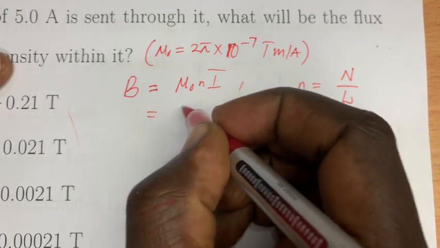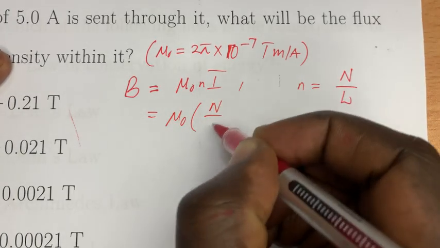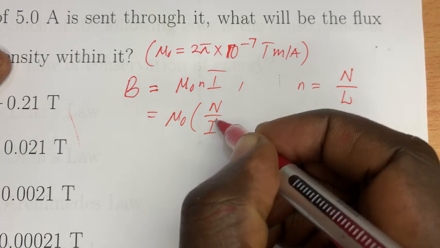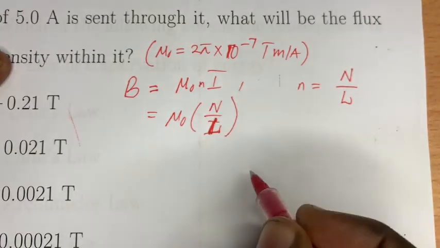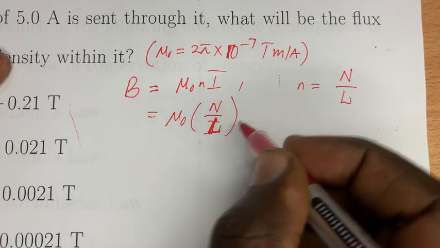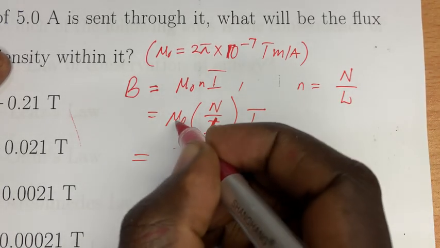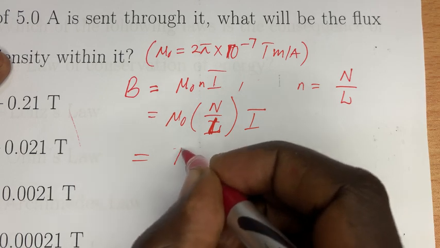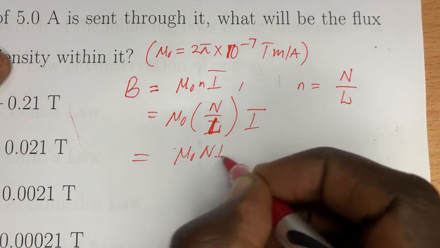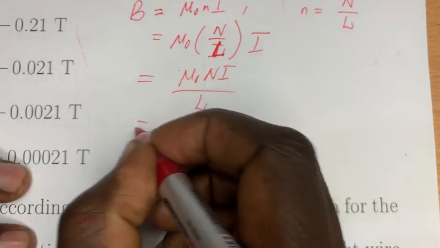So if you put it there, it becomes mu naught times N over L, because this n is capital N over capital L, and then multiplied by the current. So I can combine them and have mu naught N I over L. Now I can substitute what I have.